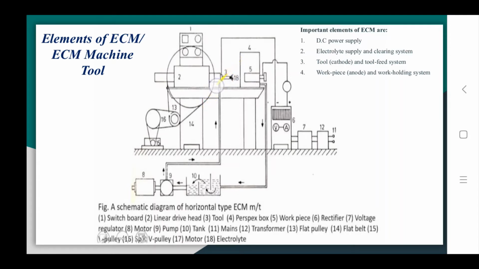It is connected to the negative terminal, so that will act as a cathode, and this is our workpiece. It is connected to the positive terminal. Now this tool is fed toward the workpiece by a feeding mechanism. Now this is a motor.